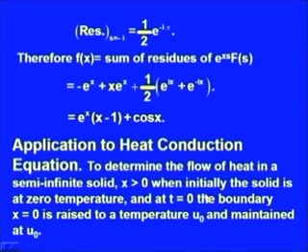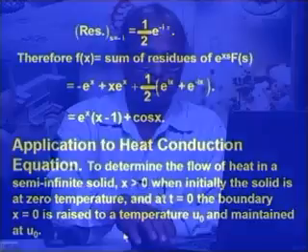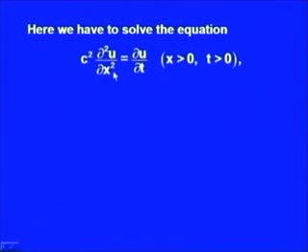So, here we are given the initial condition that at t equal to 0, the temperature of the wire is 0, and one boundary condition that at x equal to 0, for all time t, u(x,t) is equal to u naught. And we know that the heat conduction equation in one dimension is delta u over delta t equal to c square delta square u over delta x square, where x is greater than 0 and t is greater than 0.